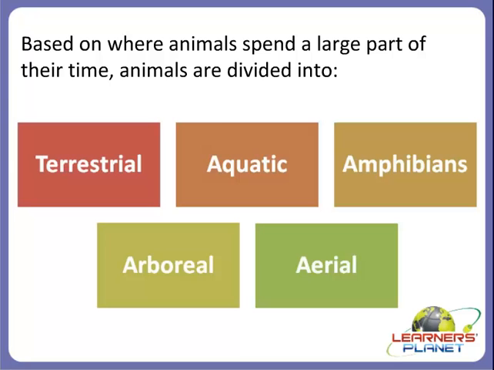in the water. So, based on where animals spend a large part of their time, animals are divided into 5 groups, right? So, they can be grouped into terrestrial animals, aquatic animals, amphibians, arboreal animals, and aerial animals.